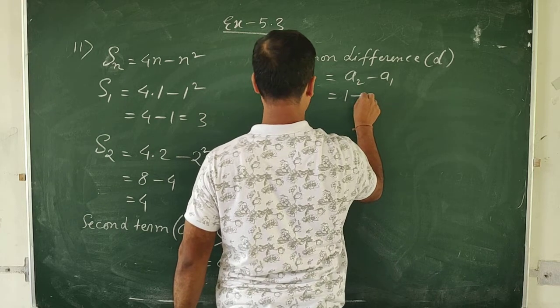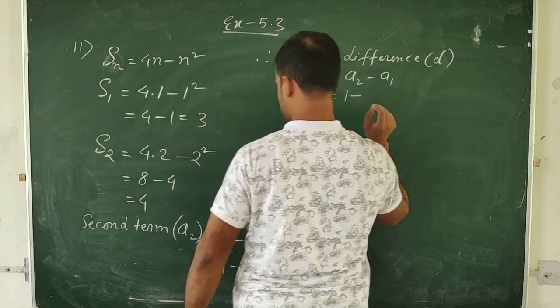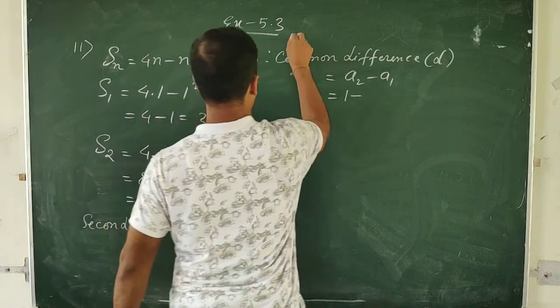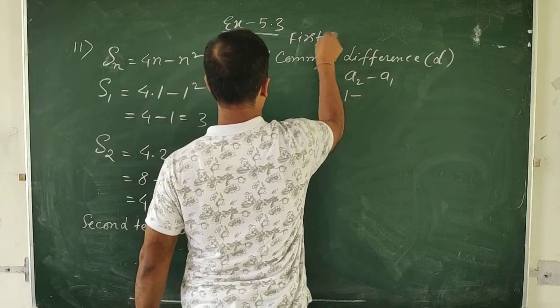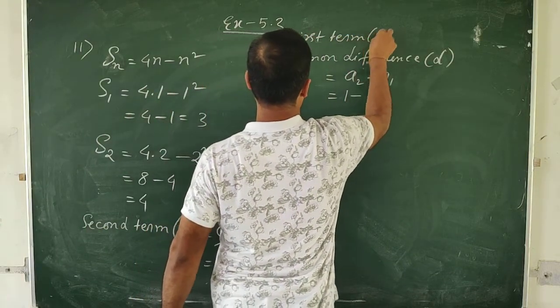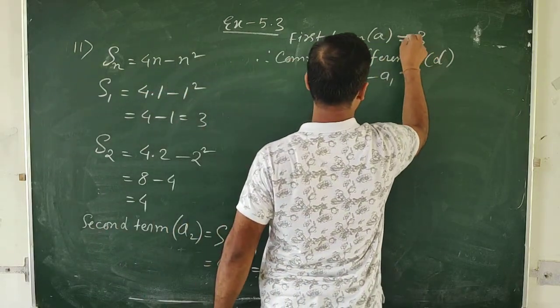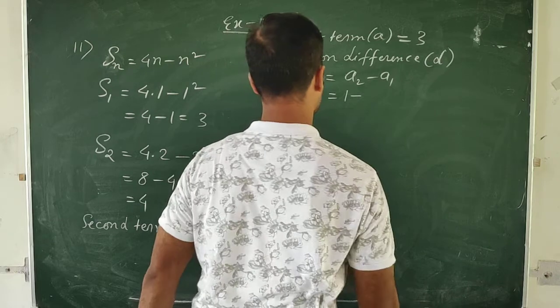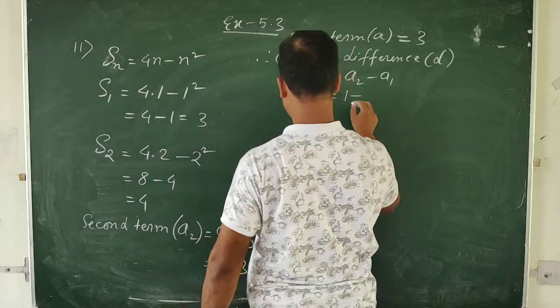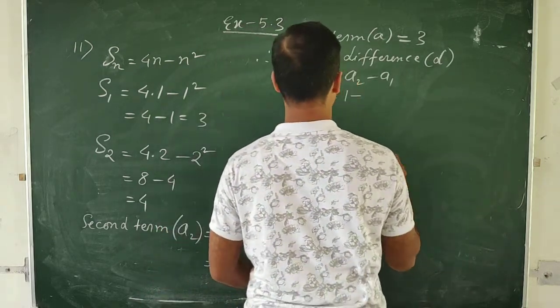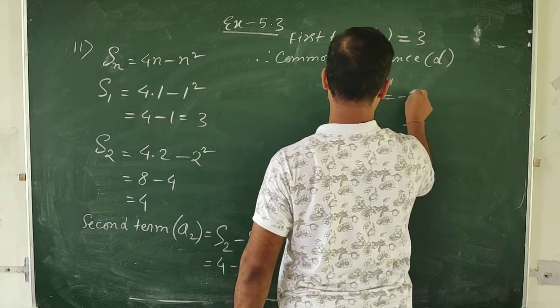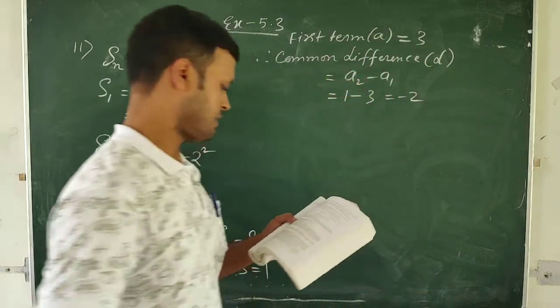We will write one thing here. First term A is equal to 3. So the second term is 1, the first term is 3, 1 minus 3 is minus 2. The common difference is minus 2.